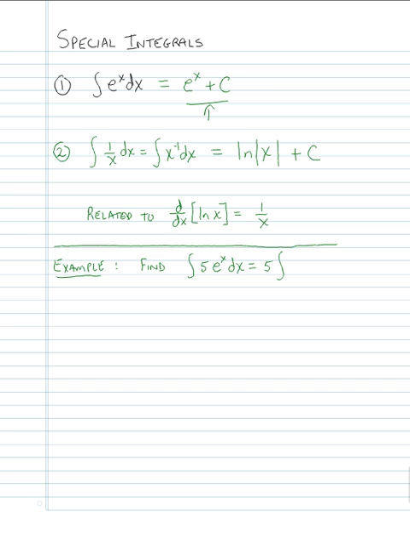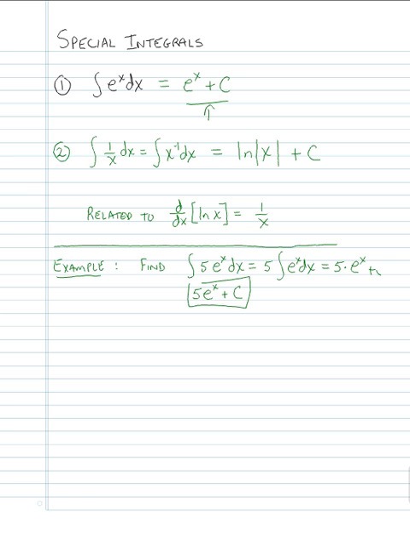And so once we factor that 5 out, we just have the integral of e to the x with respect to x. And then we can use the above special integral and say, look, here's our 5, and when we integrate e to the x, we just get e to the x plus our constant of integration. And so our final result here, we would write as 5 times e to the x plus our constant of integration.